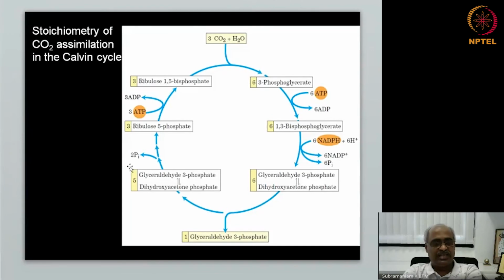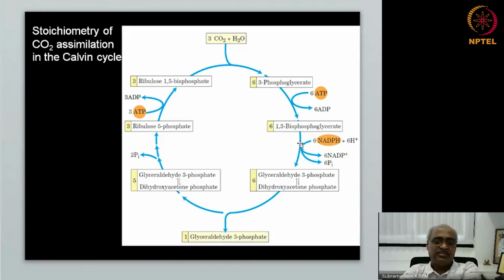So this budget calculation includes the ATPs that are produced or consumed. Here you see the 6 ATPs consumed, and then 6 NADPH, reducing equivalents. These are all equivalent to consuming food, because we are doing a synthetic reaction. This is an anabolic reaction. We are not in catabolism anymore.